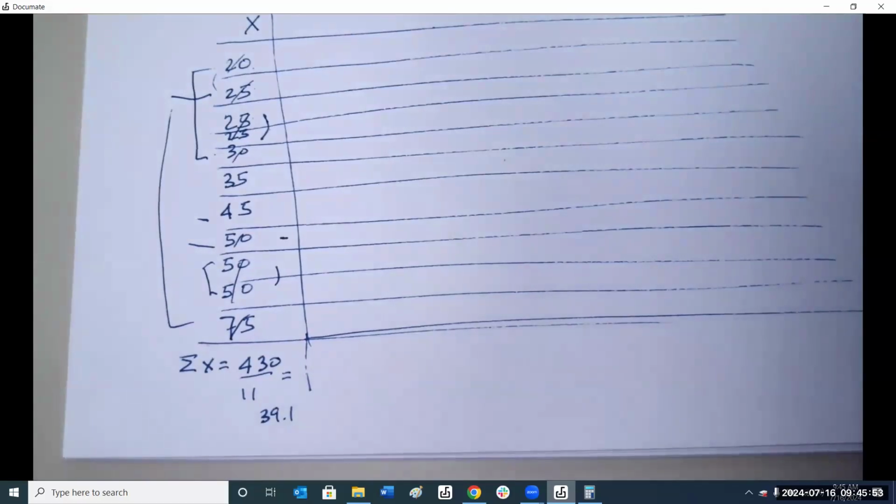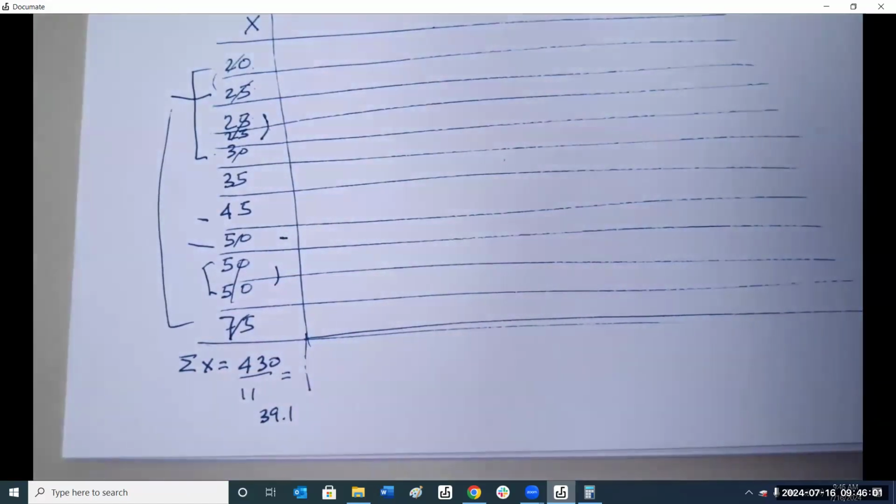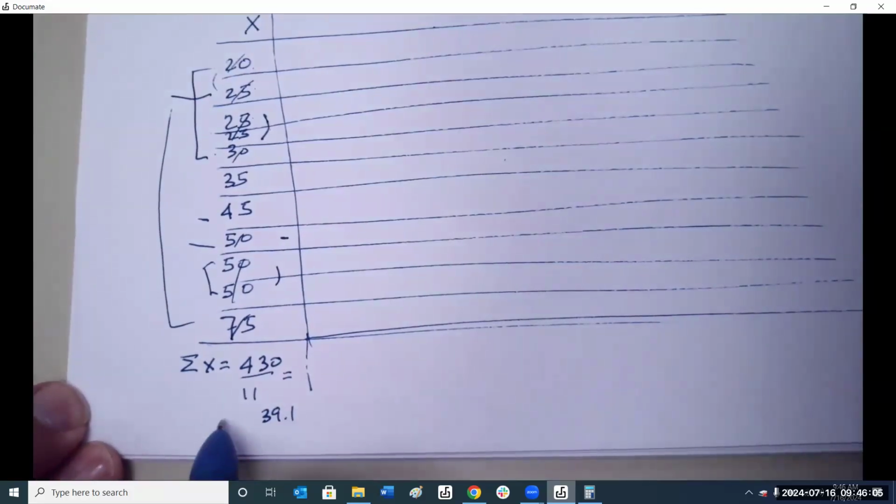The rule is you always have one decimal place more than your original data. Since this data had no decimal places, our answers are going to be one decimal place. If we had one decimal place here, our final answer would be two decimal places. So it's always one more decimal place than your original data has. Okay, so there's your mean, 39.1. What do we do with this number?